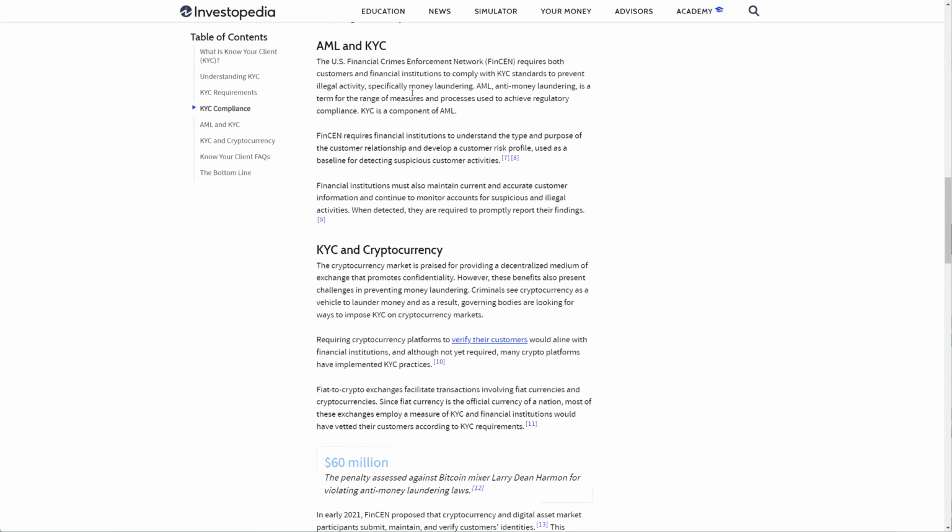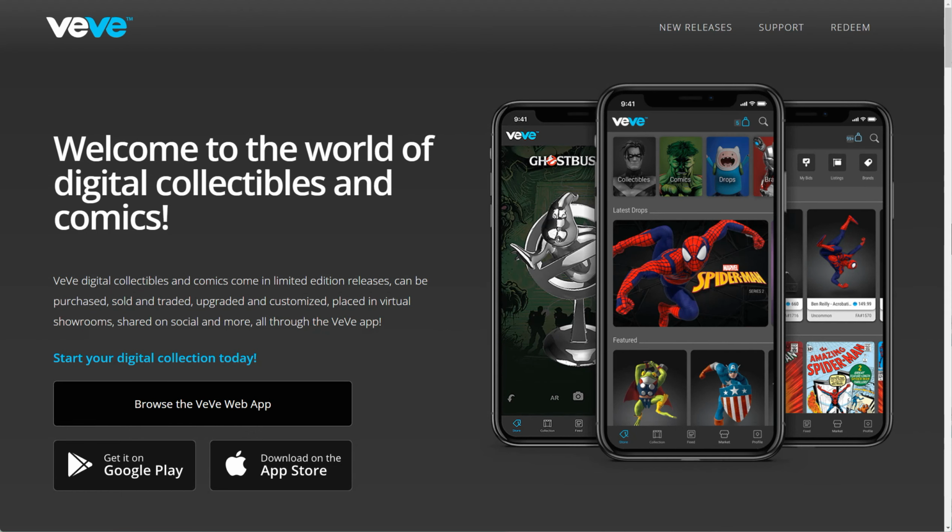So crypto makes it very difficult because of FinCEN and how you need to secure your platform that's handling the crypto transaction. So it's going to be a barrier. I really like the VeVe IP.